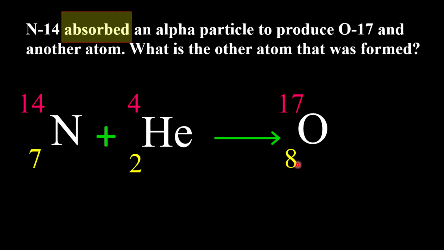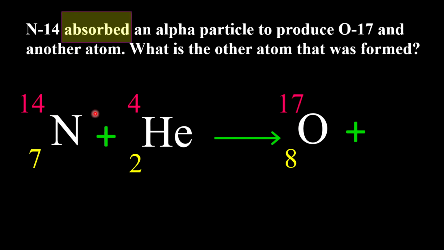But oxygen, the proton number doesn't change from 8. It's always 8. If the proton number is not 8, it's not oxygen. So we can look at the periodic table and say, okay, once it's oxygen, the proton number must be 8. Now they're asking us to find the other atom. How do we find that? Remember the concept. Total mass on the reactant side must equal the total mass on the product side.